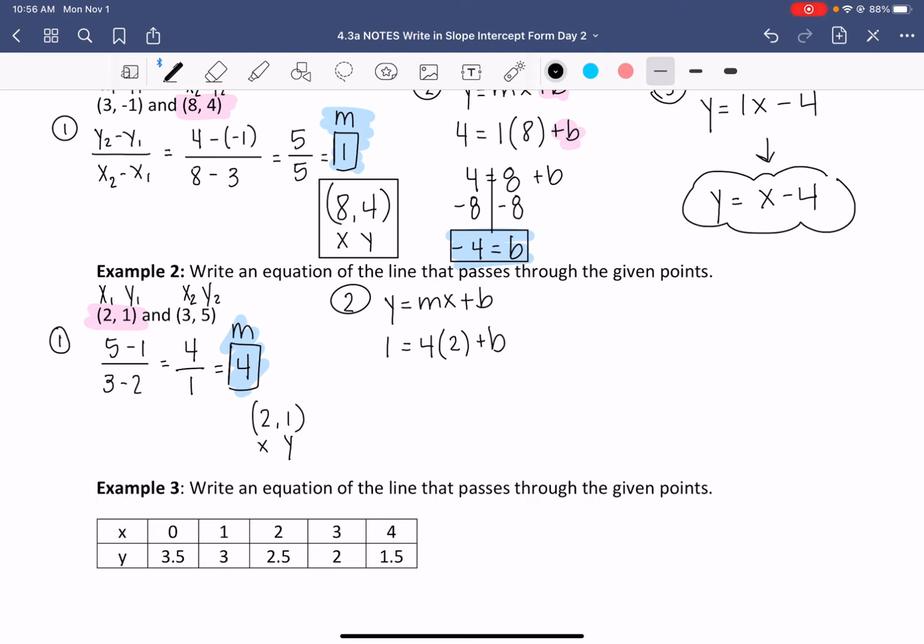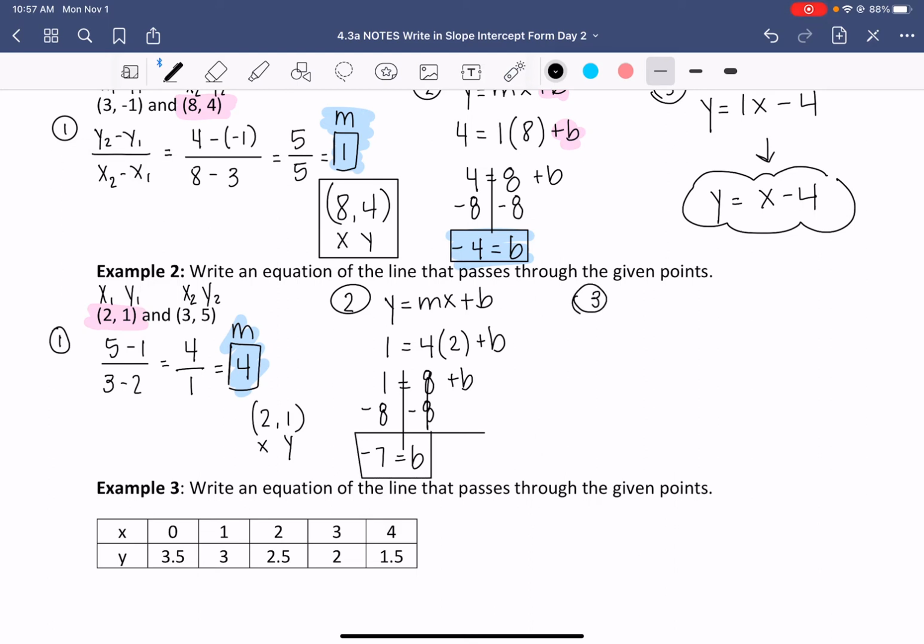And we're solving for b. So we have 1 equals 4 times 2 is 8, plus b. Railroad tracks, we're going to solve for b now. So that's a +8, so we make it a -8. And we can actually subtract these. So 1 minus 8 is -7. So -7 equals b.